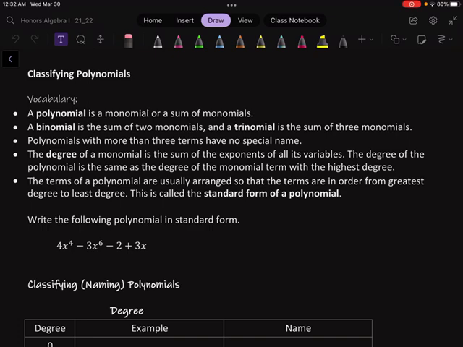What is a polynomial? A polynomial is a monomial or a sum of monomials. When we were doing our exponents, everything we had there was a monomial. So, for example, 3x squared, that is a monomial.